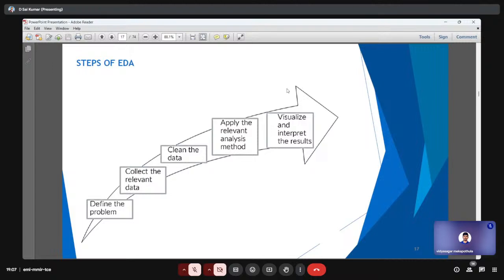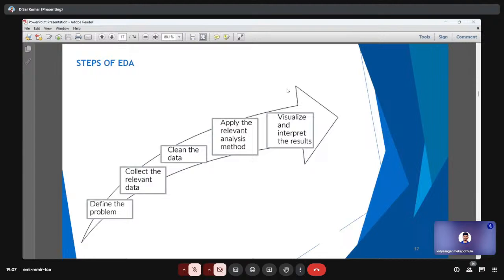There are other functions, like the head function and tail function. For example, in my data set, if the number of instances is more than some 100 instances, I want to just see only the top 5 instances. For that we use the head method, which is a predefined function in Python.